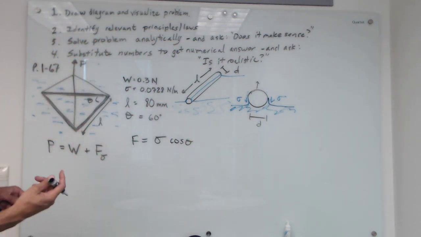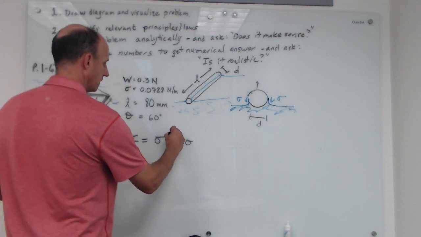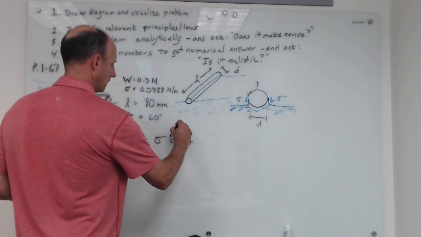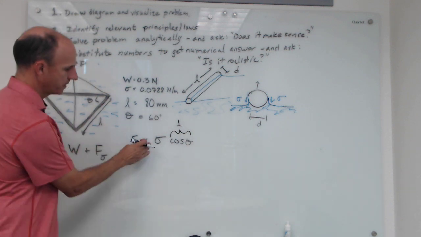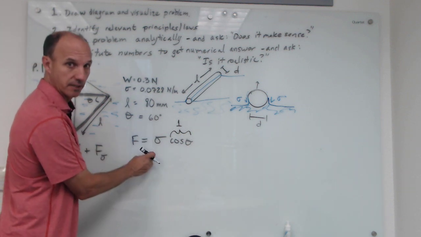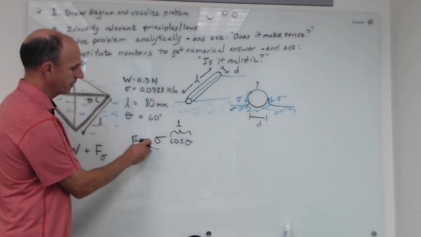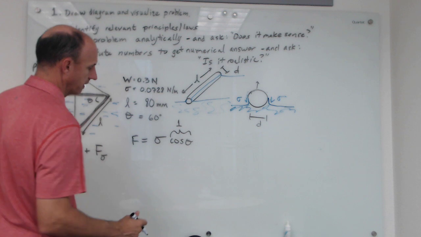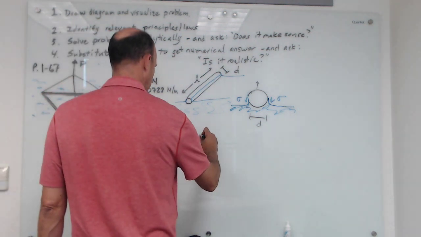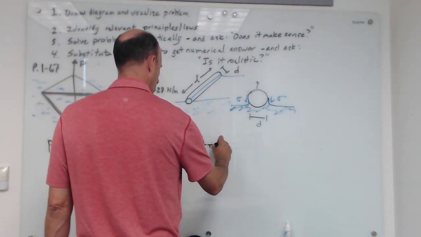In this case, that angle is 0, so cosine is just 1. And if we remember that sigma has units of force per length, then in order to get a force, we have to multiply this expression by a length. It's going to be the total length, which we'll call L total.